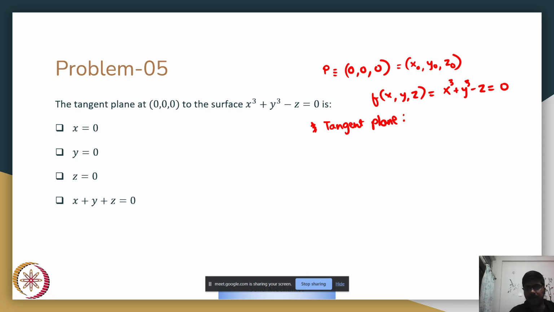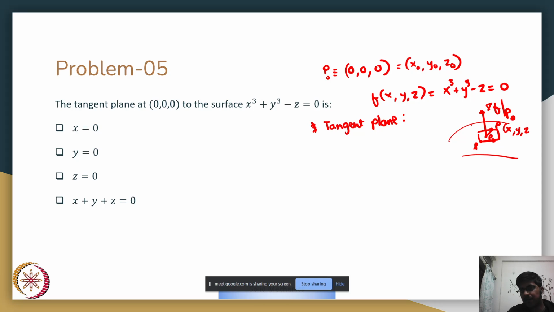Okay, so the tangent plane is essentially, if this is my surface and this is my point P naught, and this is another point P, then on the surface, my normal to the surface is given by grad f at point P naught.